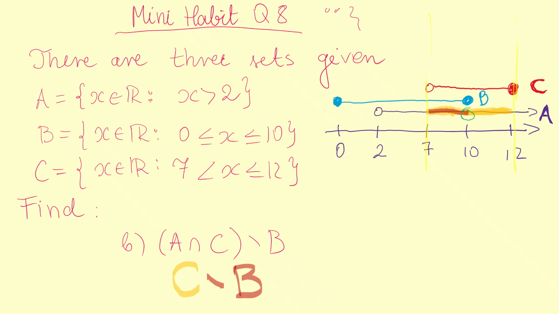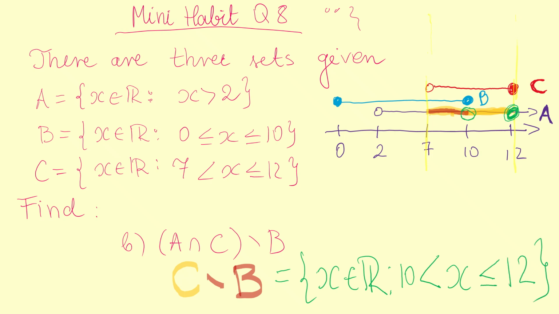So this end will be open. What is left is from 10 excluded to 12 included. So the answer, using this nice notation, is the set of real numbers such that x is more than 10 and less or equal to 12. That's it.